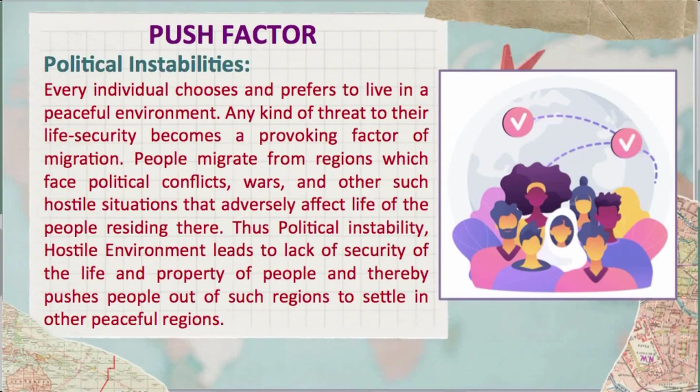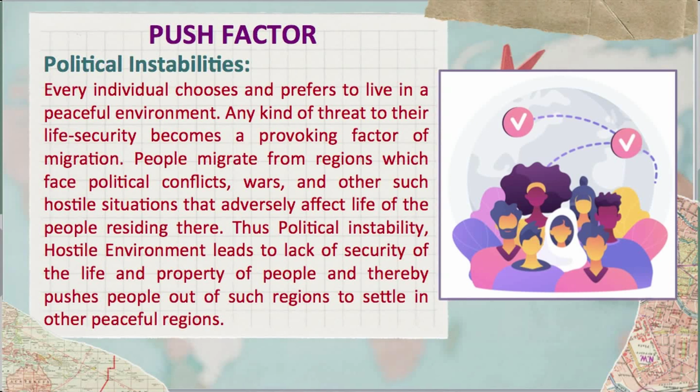Another push factor is political instability. We all know that every individual chooses and prefers to live in a peaceful environment. Any kind of threat to their life and security becomes a provoking factor of migration. People migrate from regions in which they face political conflicts, wars, and other hostile situations that adversely affect the life of people residing there.